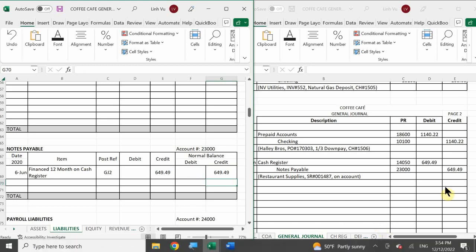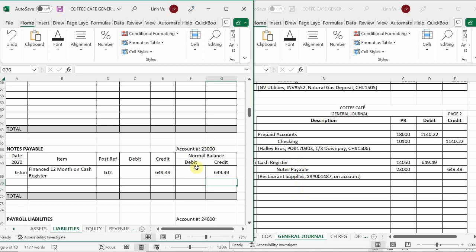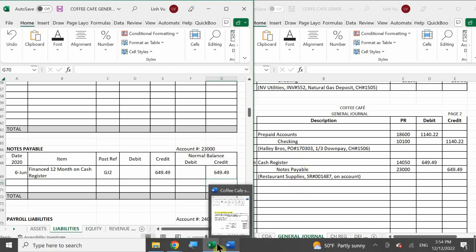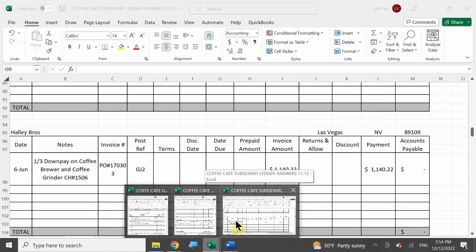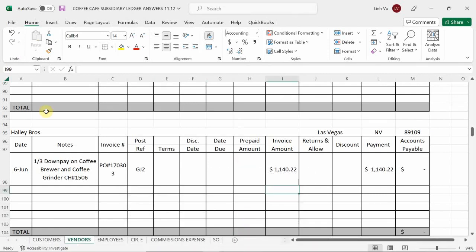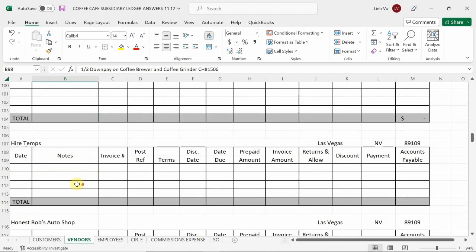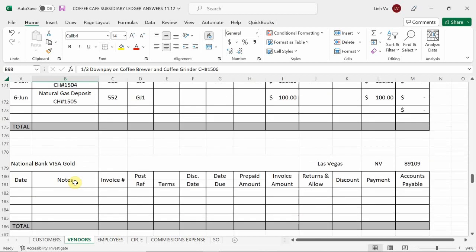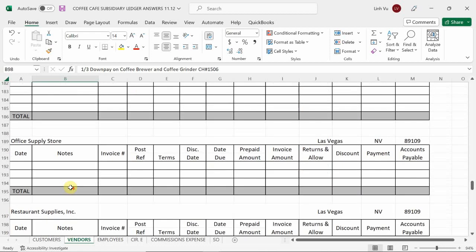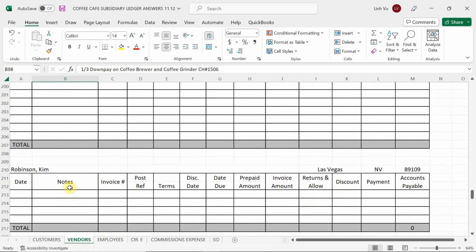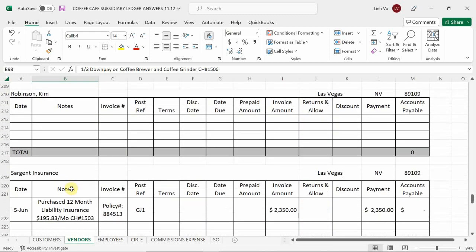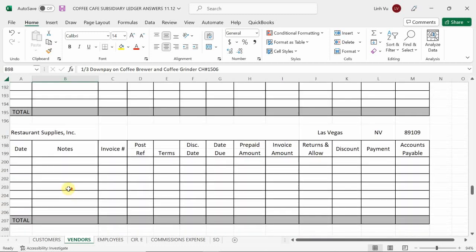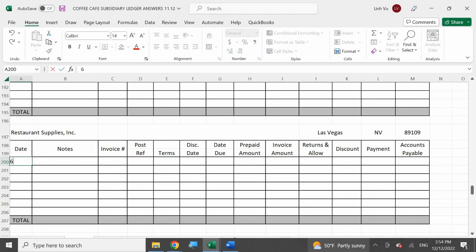Now that I have my journal posted to my ledger, I'm going to disclose all the information that I need to have on my subsidiary ledger, for Restaurant Supplies Incorporated. Today is the 6th.